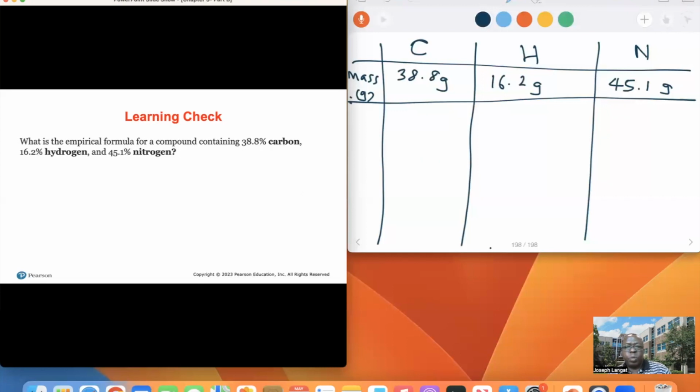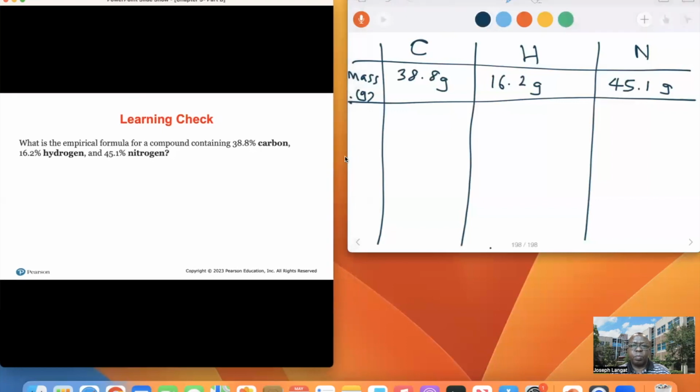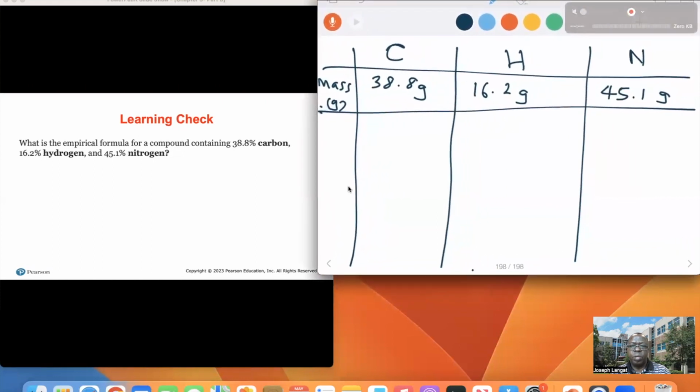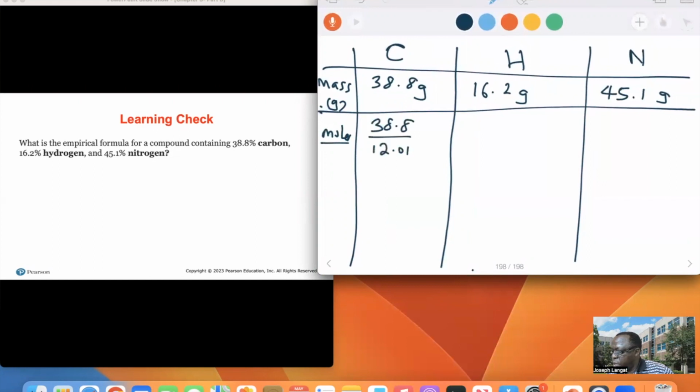So here, the number of moles. You divide by the atomic mass, 38.8 over 12.01, 16.2 over 1.01, and 45.1 over 14.01.